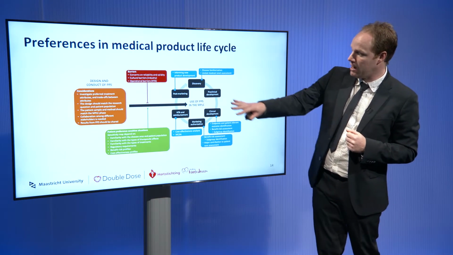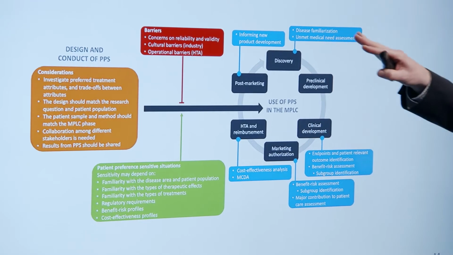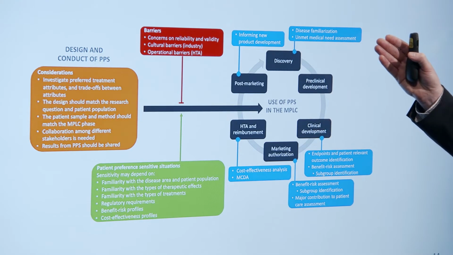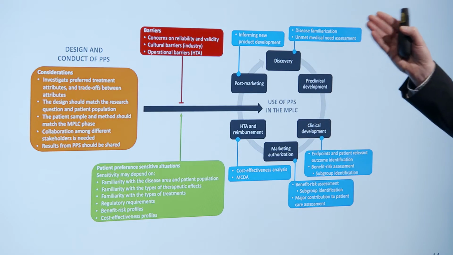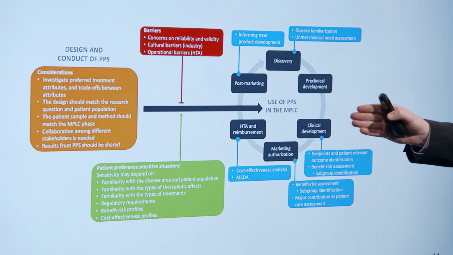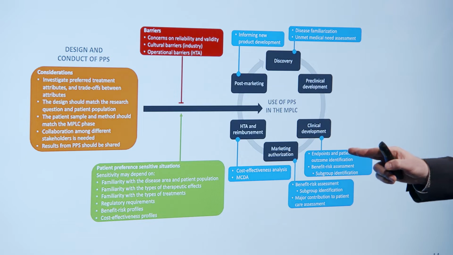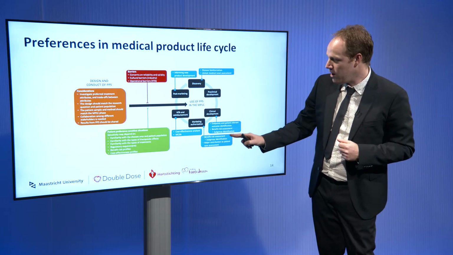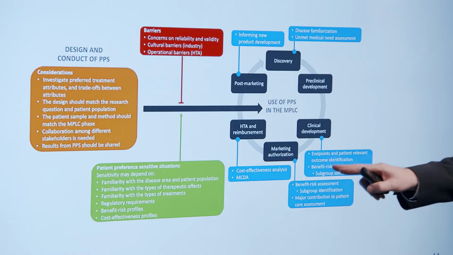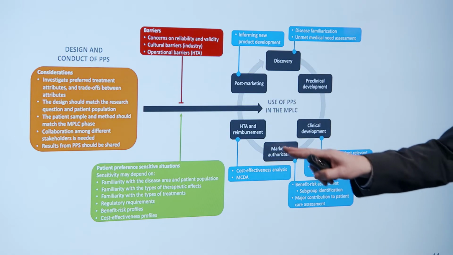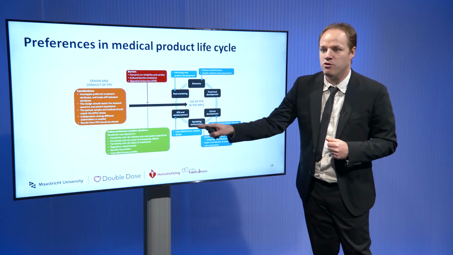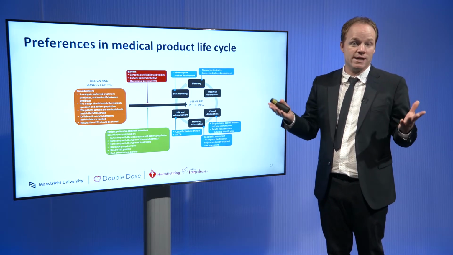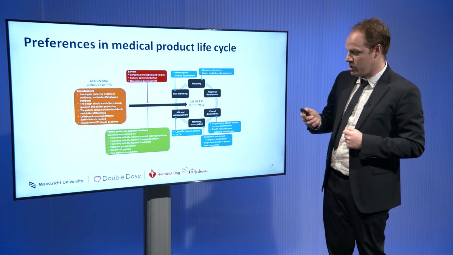And you see on this slide a lot of opportunities: from the discovery, where the patient could help to identify the unmet medical need and disease familiarization, but also in clinical development to identify the endpoints of interest, to help with the benefit-risk assessment, also for the marketing authorization, and potentially for HTA and reimbursement, to also take preference into account alongside cost-effectiveness and other criteria that are used by decision makers.